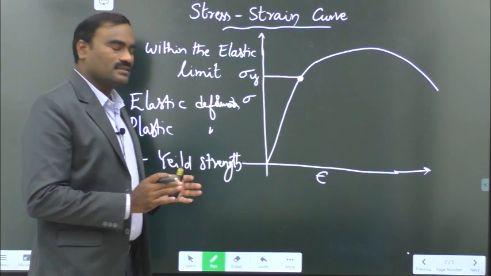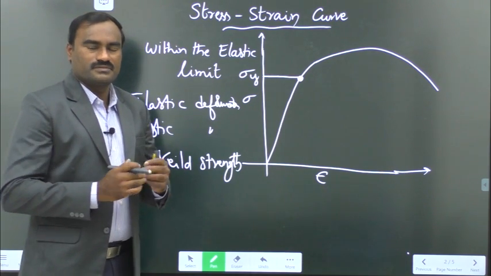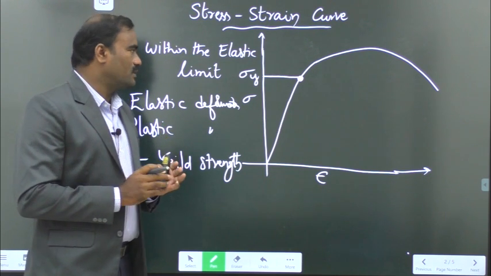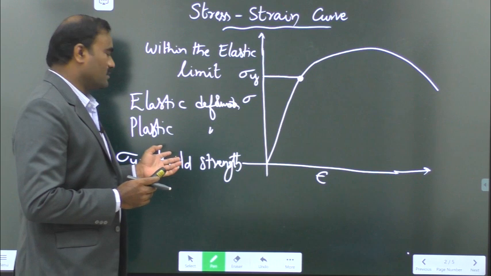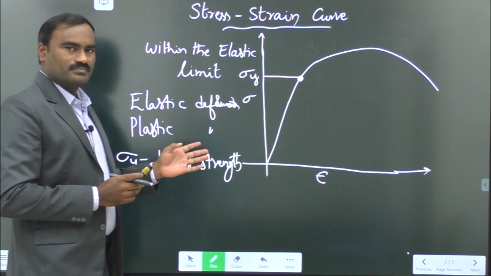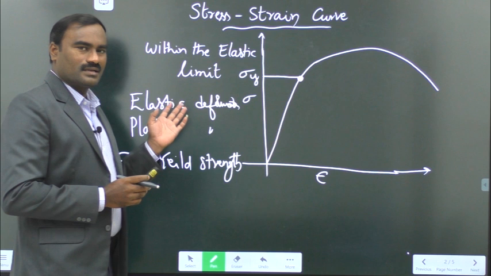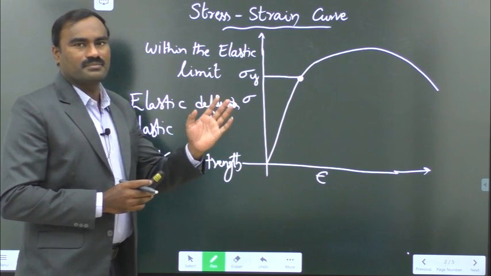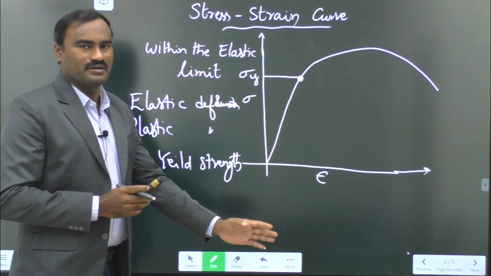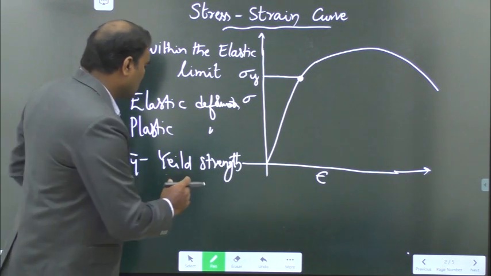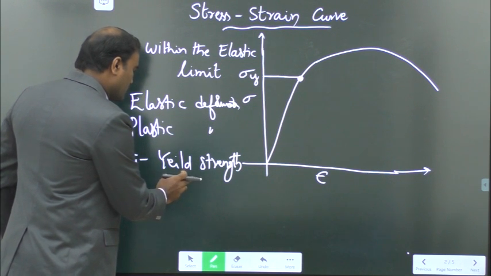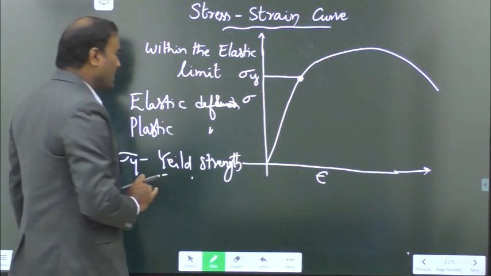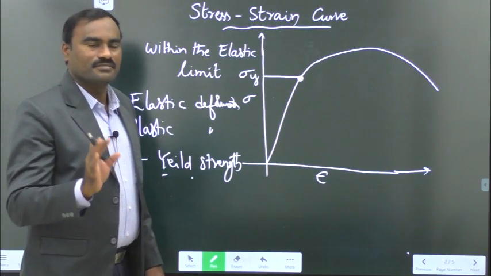So what is yield strength? The definition which we should learn: yield strength is the stress value at which the material undergoes a change from elastic deformation to plastic deformation. This is the stress value at which the material exhibits plastic deformation.